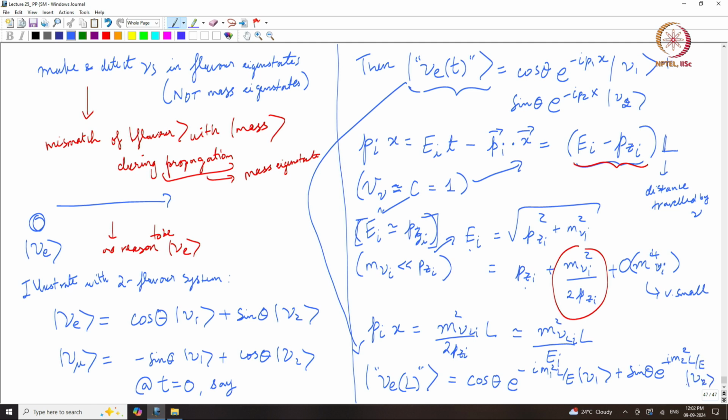I have dropped the nu when writing the masses. That should be obvious: m1 corresponds to m nu 1.